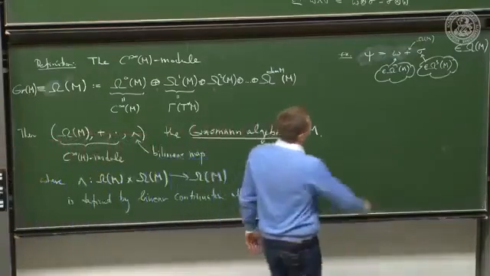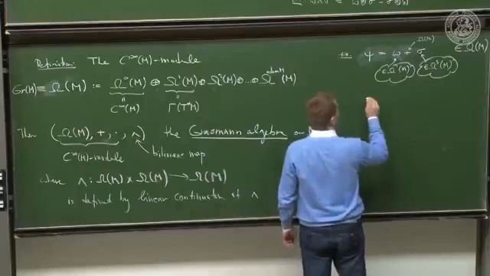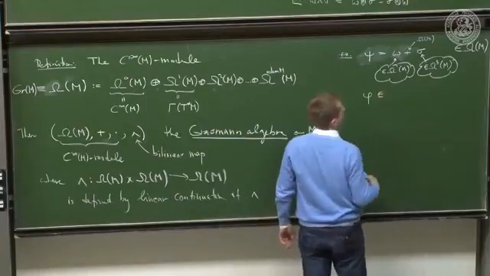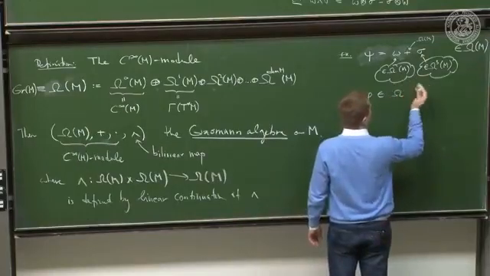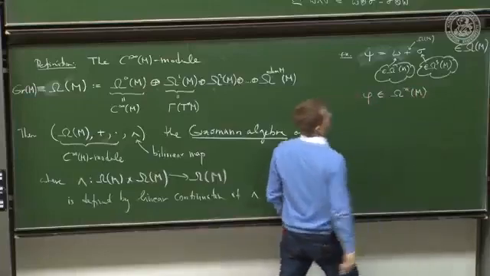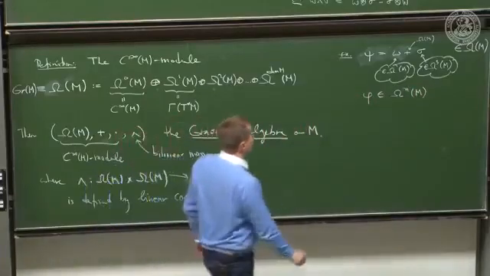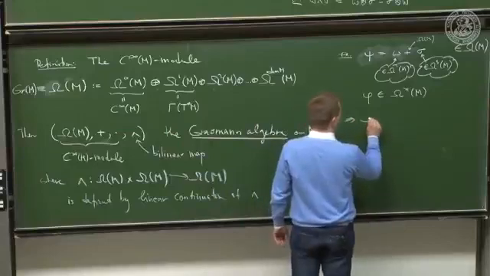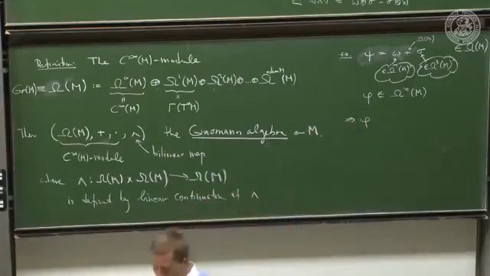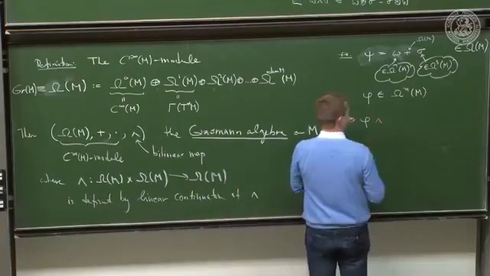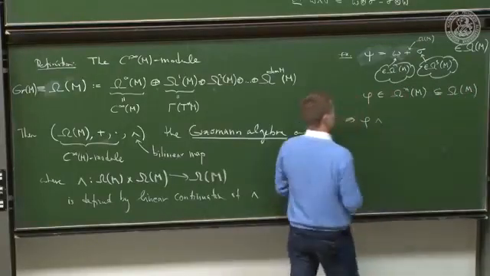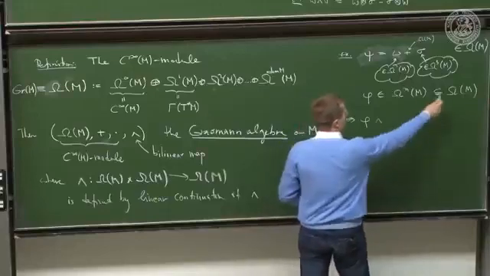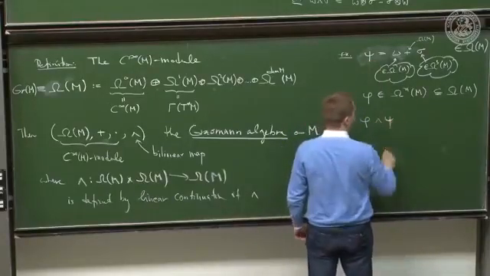And say you have a simple thing like a phi, which happens to be, but doesn't need to be, an element of a very specific n-form space. And then you have the wedge product between the two, because this is obviously a submodule of omega of M, so I can use this wedge that acts on omega of M to wedge these two together.